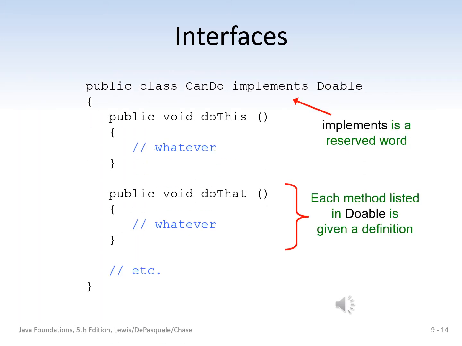So here we have an example of a public class CanDo that implements, which is a reserved keyword, implements Doable, which was the interface we saw, I don't know, 2-3 slides back. Every method listed in Doable must have a definition in the class that implements the interface.